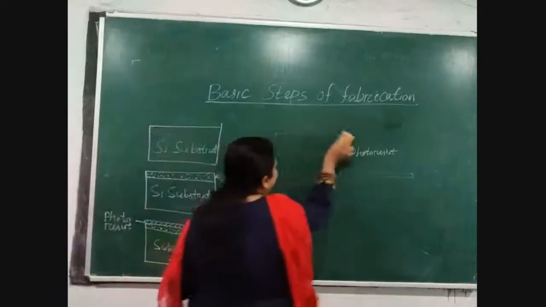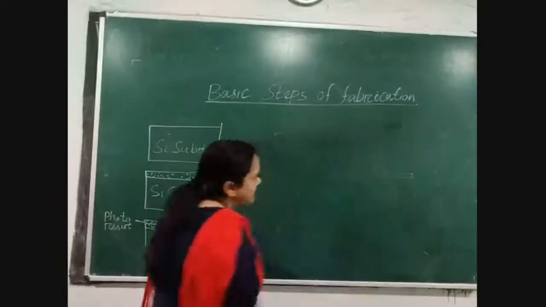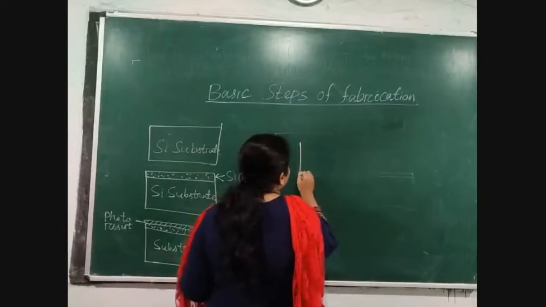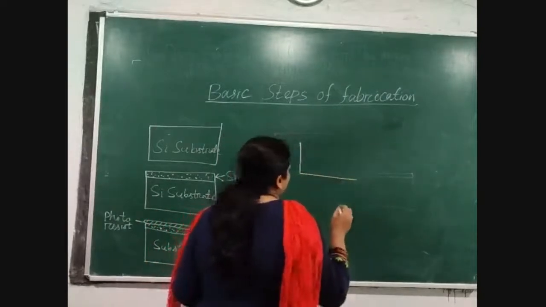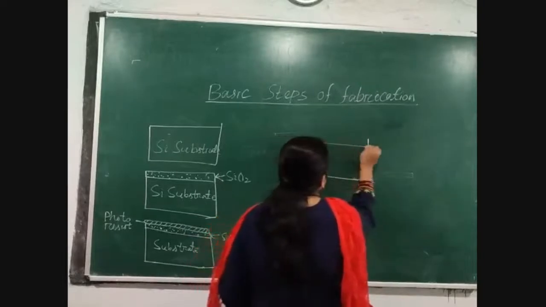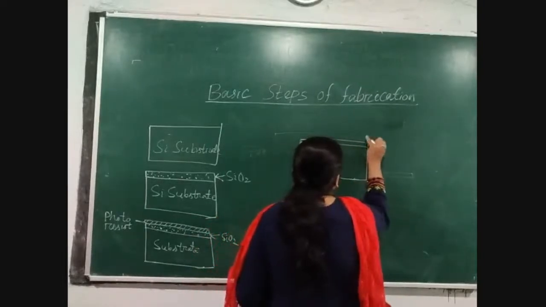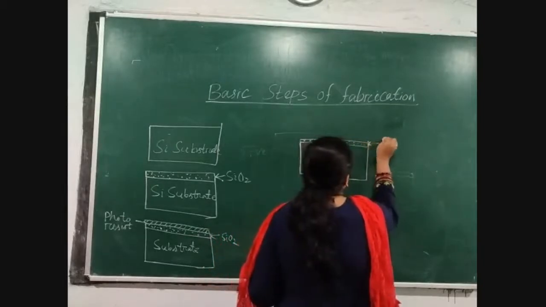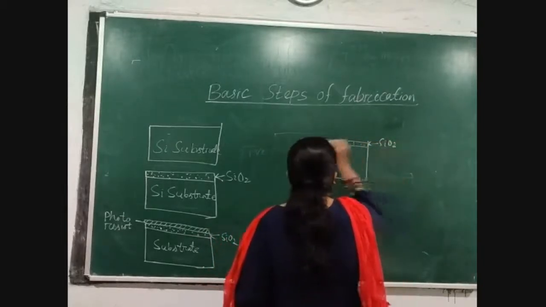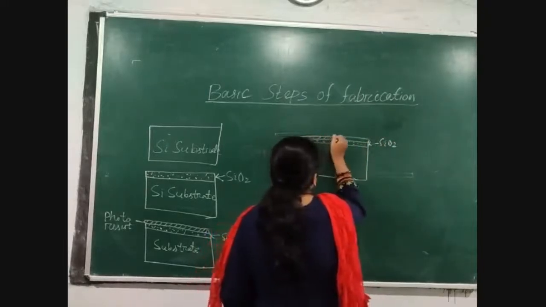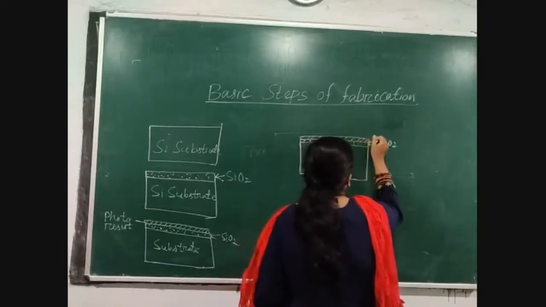So how do we apply UV rays? In the next step, this one is the SiO2 layer, and on that a photoresist layer is present.